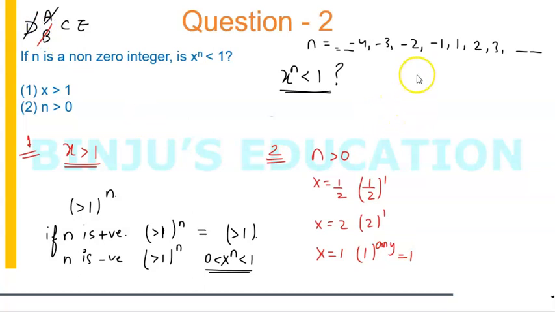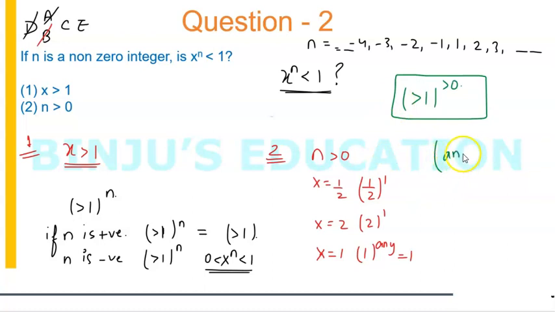Let's combine both of them. You have something greater than 1 and you have a power greater than 0. Now, I just told you that if you take a number greater than 1 and raise it to the power 0, the result is always equal to 1.